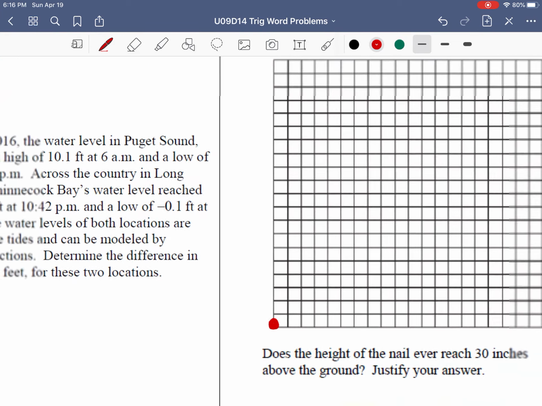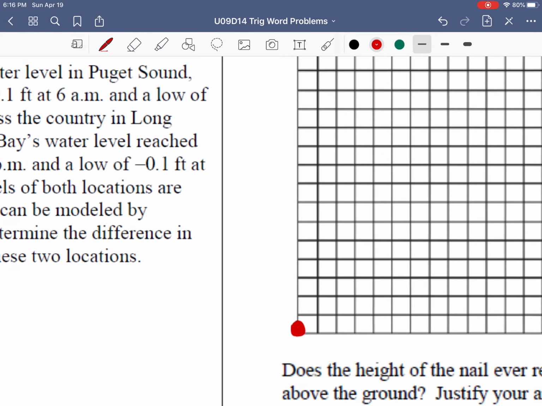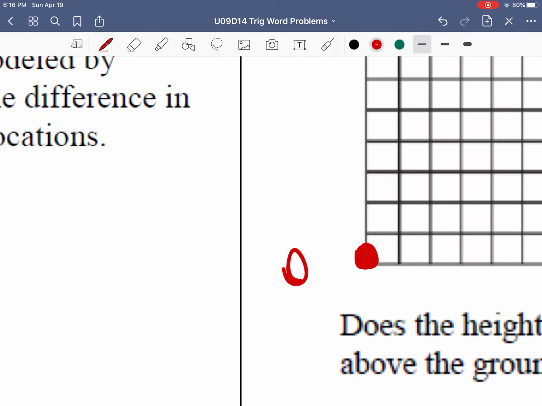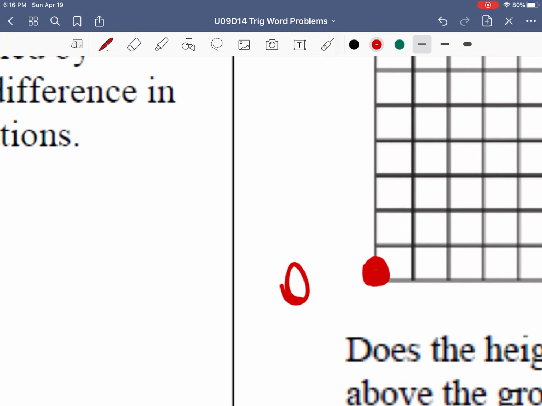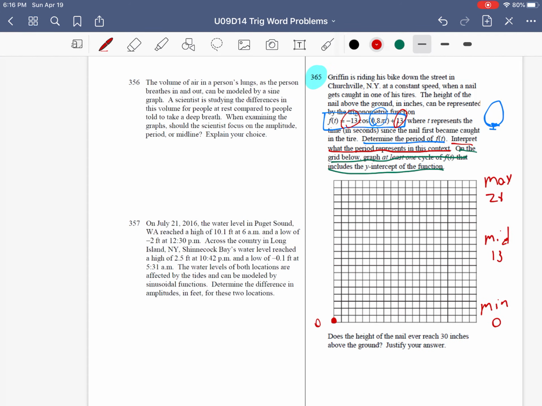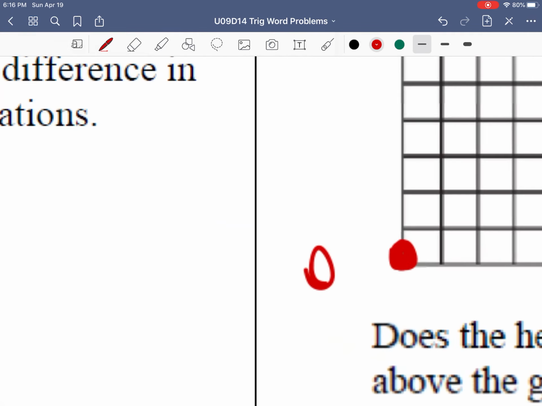It will then proceed to the midline, which is 13. Before I go and continue labeling points, let's label this 0. I need to reach 26, so I need to figure out what to count by. Just to reach 26, 26 is only a multiple of 13 and 2, so I guess I'll count by 2's.